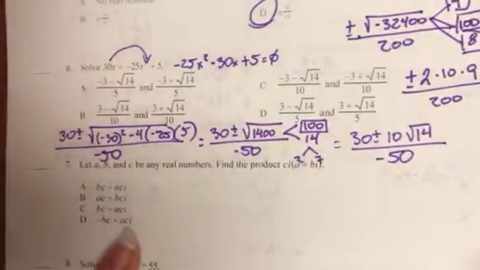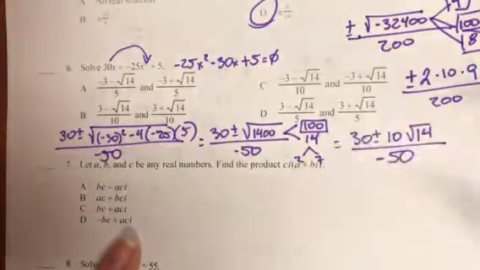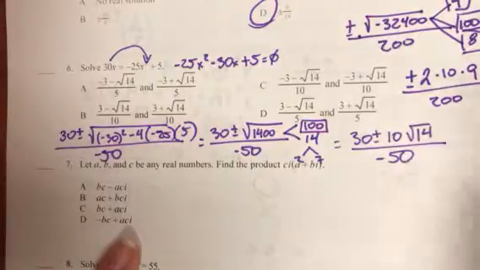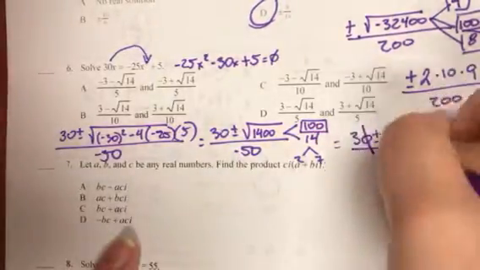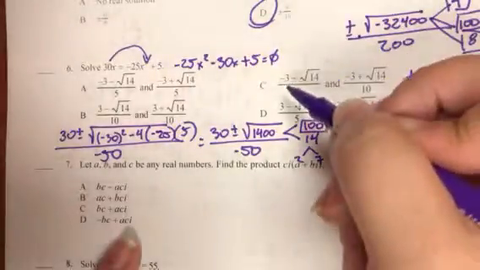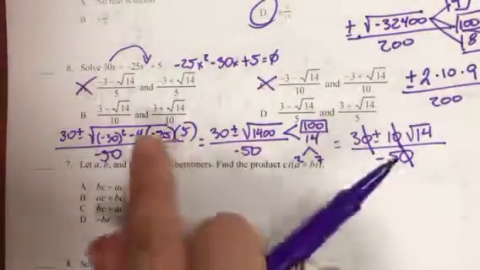So let's look at my options. They all have a square root of 14 and a plus and a minus. So that seems to be pretty even. But we have a 10, a 50, and a 30. Well, those can all be divided by 10. So I should have a 3, and it's positive. So C is out. A is out. I'm left with B or D, and the only difference is the bottom number.